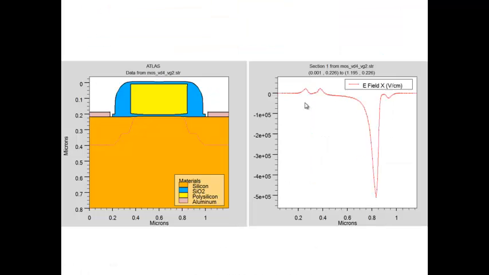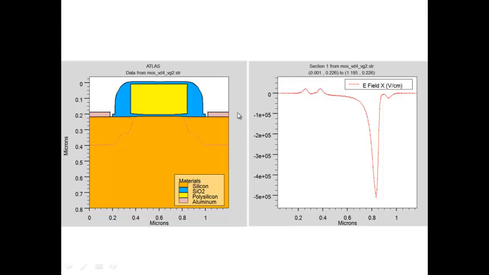This is a simulation picture. It takes some time to digest. So this is my MOSFET, and what I have done is taken a cut line. I've drawn a line very close to the surface as I go from left to right. And what the simulator gives me is the electric field as I go from left to the other extreme.